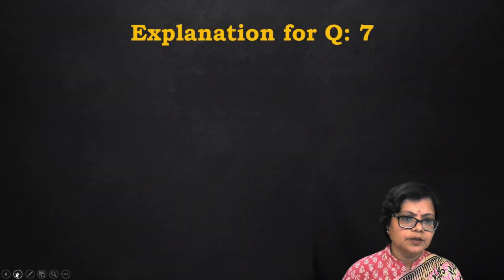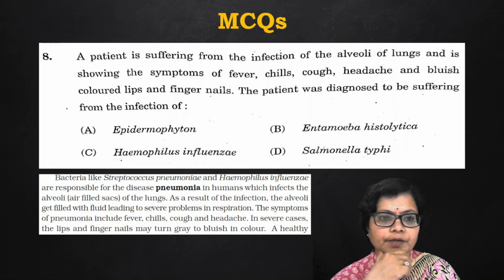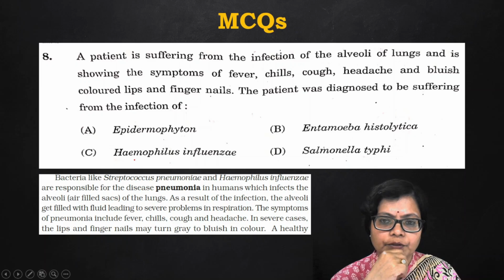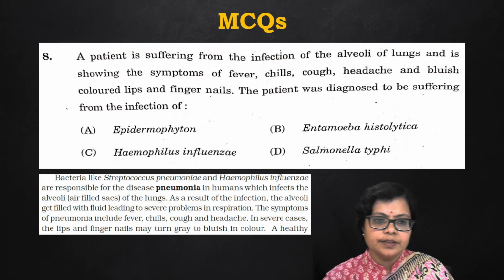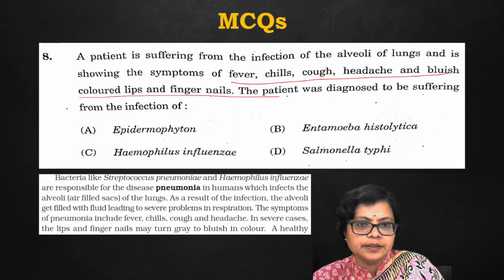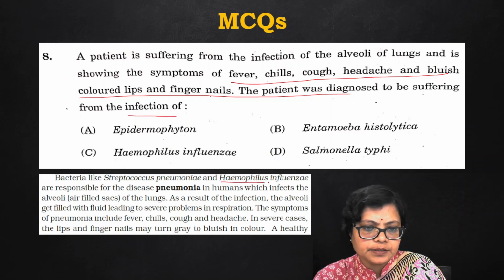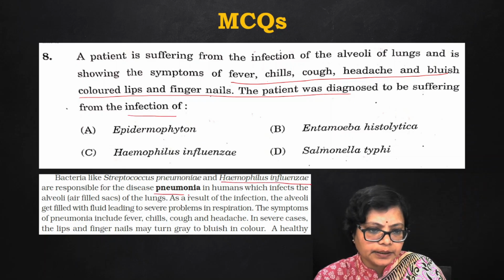Already explained. So this page is not needed. A patient is suffering from the infection of alveoli of lungs and is showing symptoms of fever, chill, cough, headache, bluish colored lips, fingernails. The patient was diagnosed to be suffering from infection by Haemophilus influenzae, that is pneumonia. So that is from your NCERT book answer.